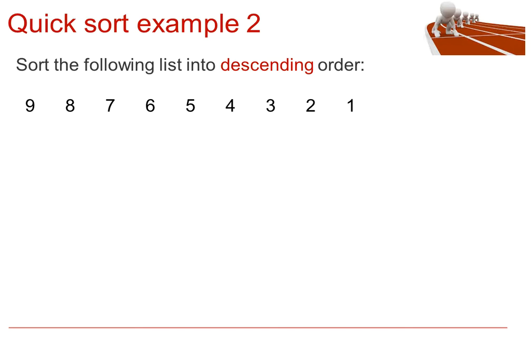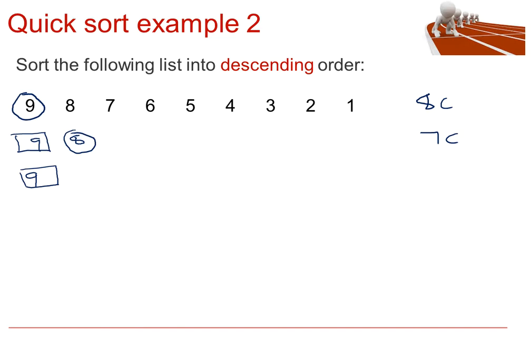Our human brains would look at that list of numbers and immediately say it's already sorted, but we still need to follow the algorithm. So the first pivot would be the 9, and we would make 8 comparisons. The order will not change, but we would have fixed the 9, and the next pivot would then be the 8. We would then make 7 comparisons.